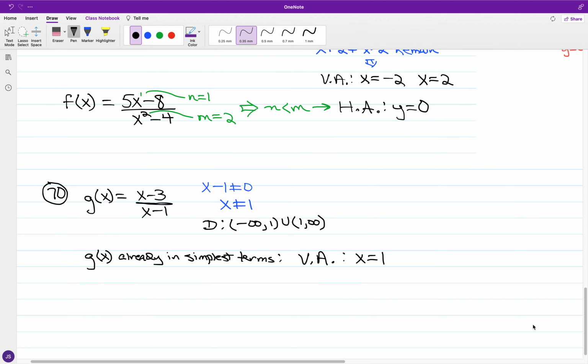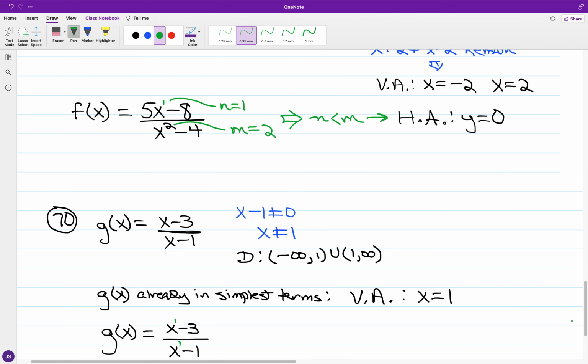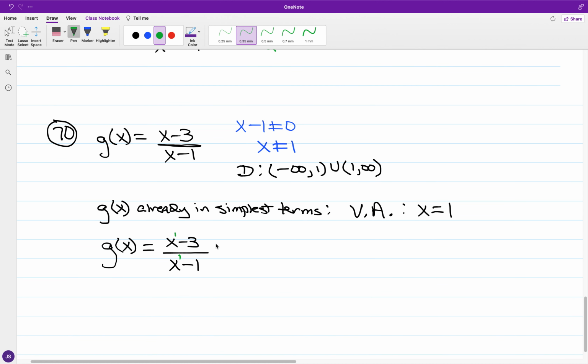And looking at the degree comparison between the numerator and denominator, x will be the higher order term in both. The x terms are of first degree, so n is equal to 1, and m is equal to 1.